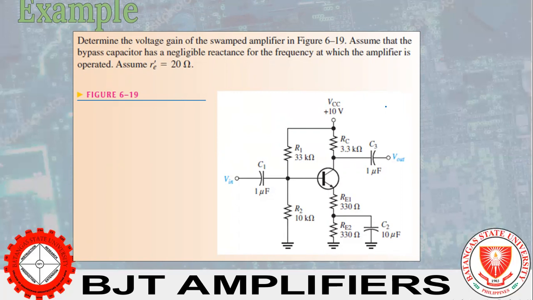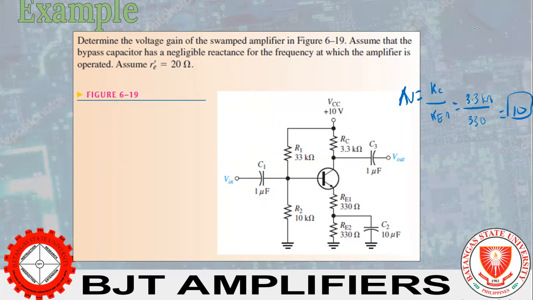Okay? So, ang tinatanong lang natin, AV. RC lang tayo over RE1. We have 3.3 kilo ohm over 330, o di ang dali, 10. Di ba? Parang kahirap-hirap, ano? So, yan lang.